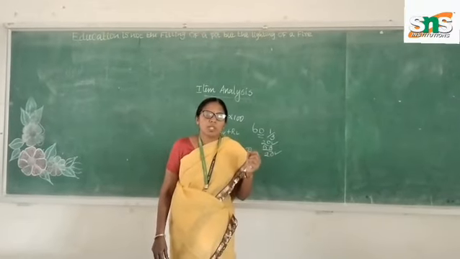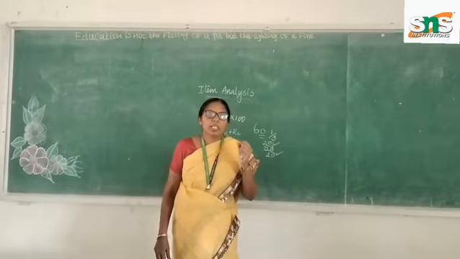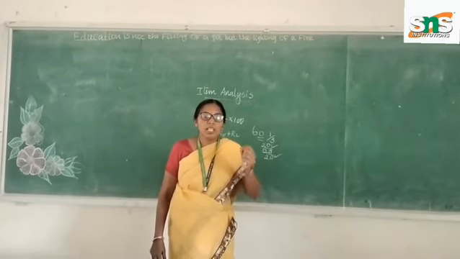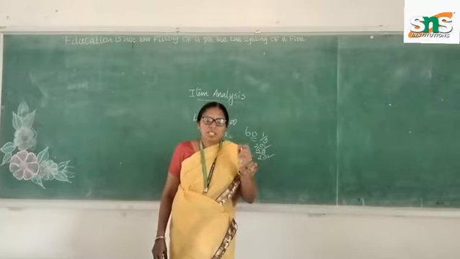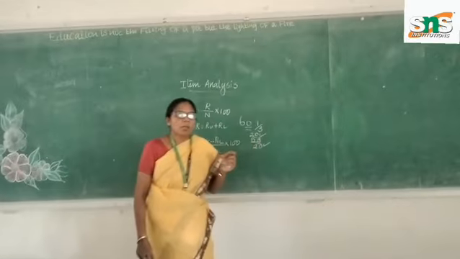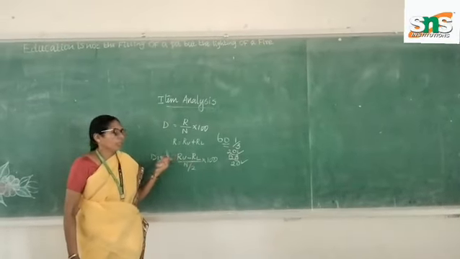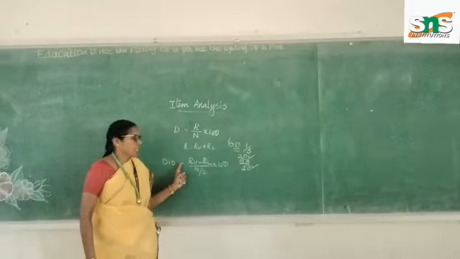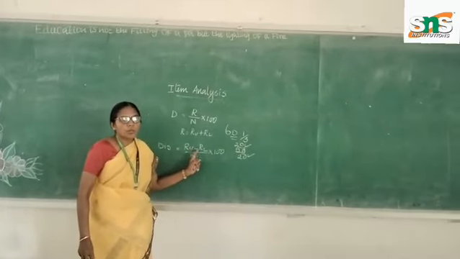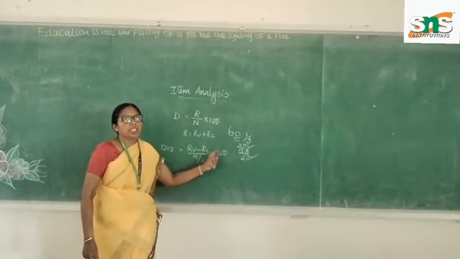Next we are going to see whether the question has a discriminative level. The same procedure is followed here, but the formula is a little bit different. The discriminative level is equal to RU minus RL divided by N by 2, into 100.